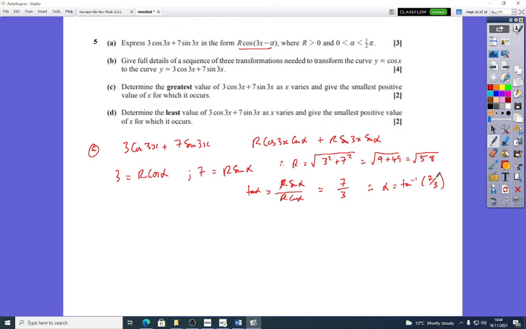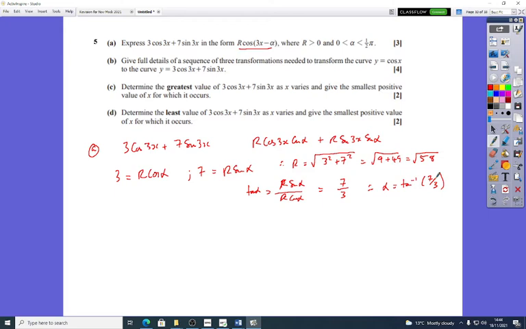Now don't forget to change your calculator to radians. I'm not going to do it now because I can't see it. Angle units, number 2, radians.